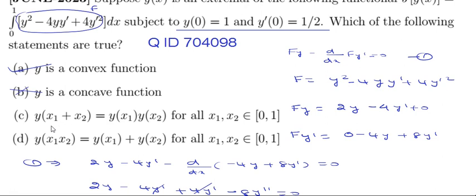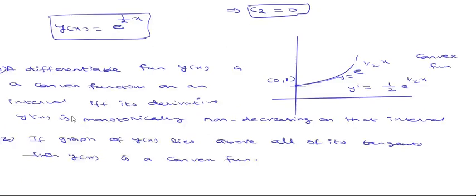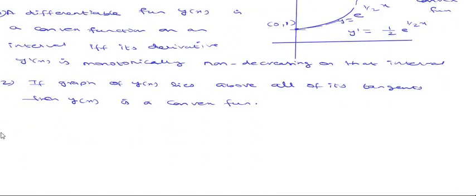And we can easily see that option C is also correct. The exponential function satisfies this property. Anyway, we will check. Option C is y of x1 plus x2 equal to y of x1 into y of x2.